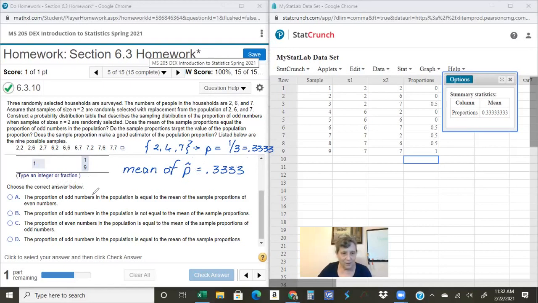So the proportion of odd numbers in the population is equal to the mean of the sample proportions.